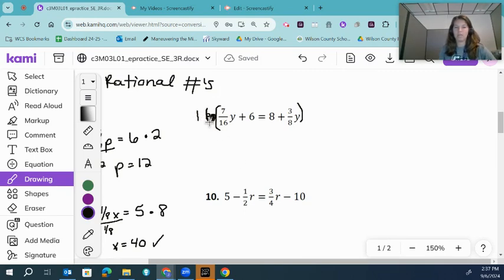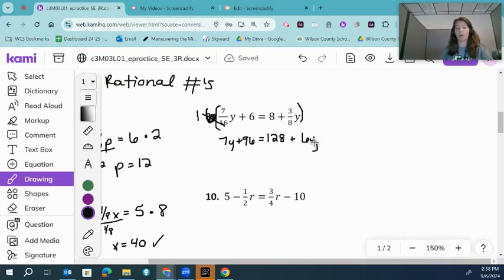So I'm going to take 16 times 7/16, which gives you 7y, because 16 over 16 cancels out. 16 times 6 is 96 equals, and then 16 times 8, because you're doing it by every single term, 128 plus 6x.